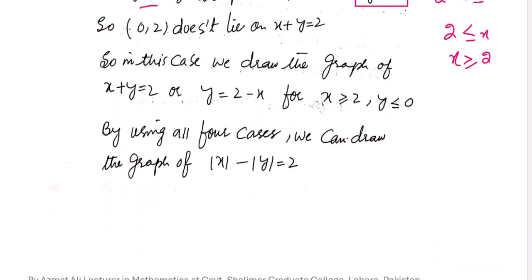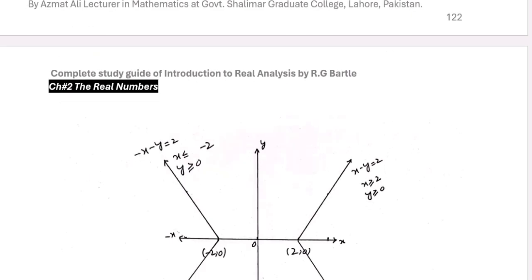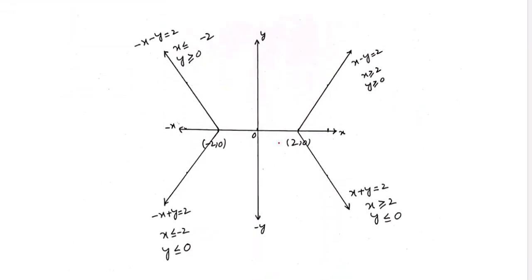By using all of these four cases, we can draw the graph of this equation. I have two types of intercept: either x = 2, y = 0, or x = minus 2, y = 0. There is no intercept 0, 2 or 0, minus 2. In other words, the graph never touches or crosses the y-axis here.